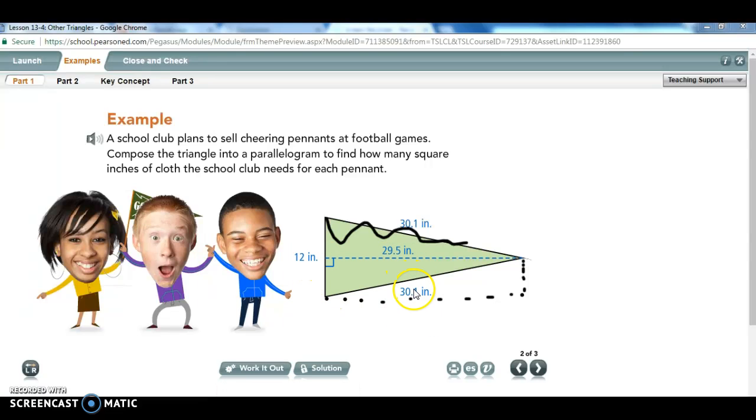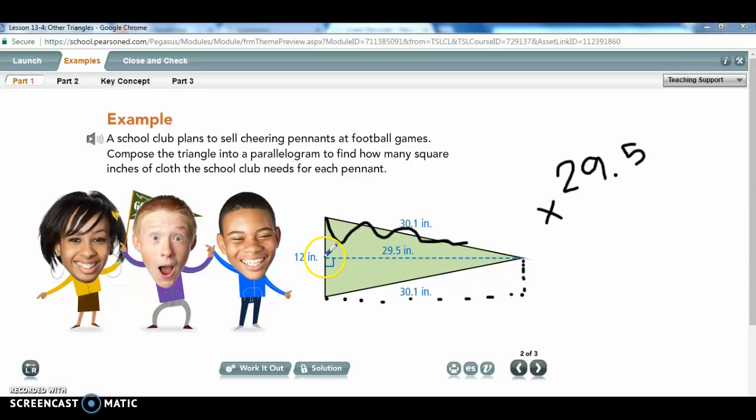We would be taking our base, which from this point to this point is 29.5 or 29 5/10, and we're going to be multiplying it by our height, which from this whole thing is 12.